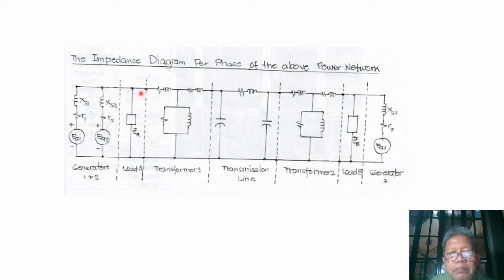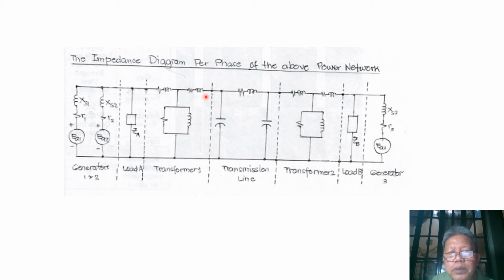Now, after that bus, we have a transformer that will transform the voltage on this side to a much higher voltage on the other side. Remembering the equivalent circuit of our power transformers, when we have the magnetizing circuit considered, we have the equivalent impedance of the transformer at both sides, and then we have the magnetizing circuit for transformer 1.